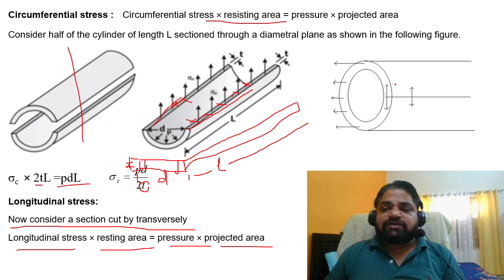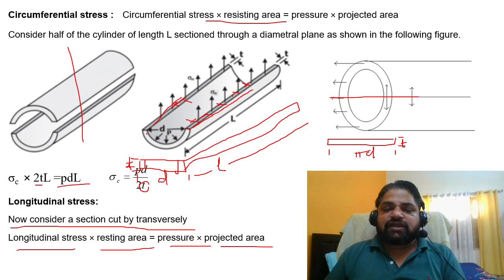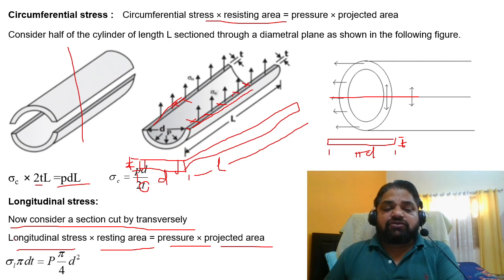and the resisting area is also a similar kind of area. If I open this strip, the length is pi D and the thickness is T. As in the earlier case, it was T into L; now it is D into T. So we get sigma L into pi D T, the circumference and the thickness.